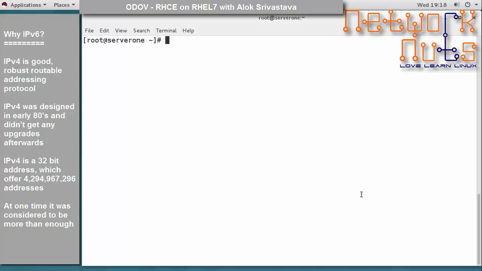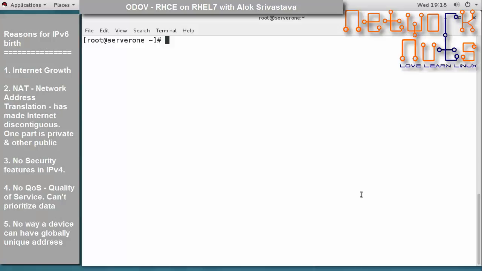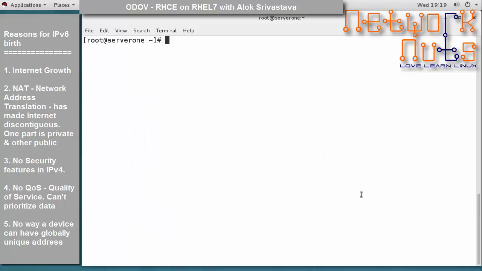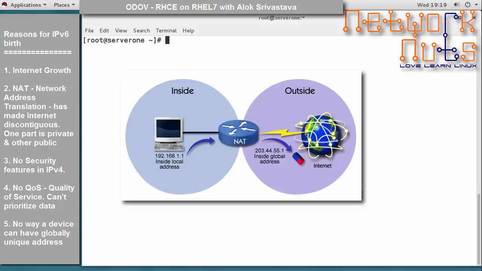The major reasons which played a key role in the birth of IPv6 are: number one, as the picture is showing you, internet growth, unexpected. Second, using the NAT, network address translation. What the NAT has done is it has made the internet discontiguous.